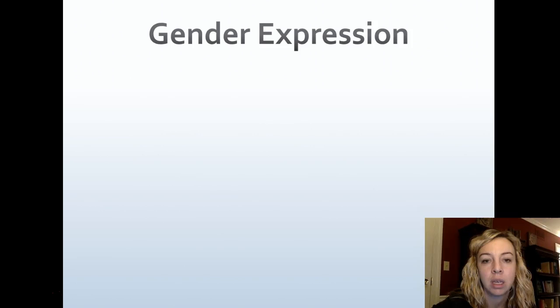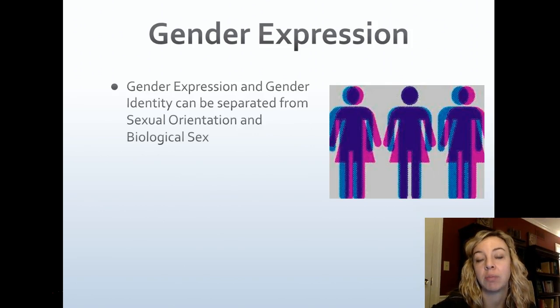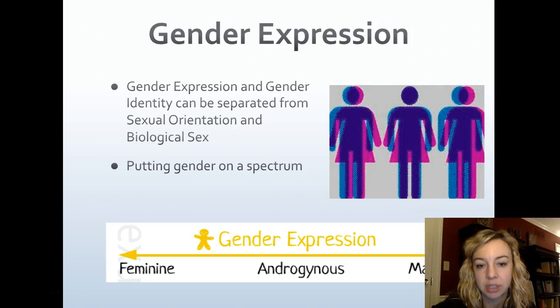Okay, now we don't have a lot of time, but I want to move beyond the binary now. We've been talking about men and women, but gender expression can be on a continuum. Gender expression and gender identity can be separated from sexual orientation and biological sex, and put gender on a spectrum.